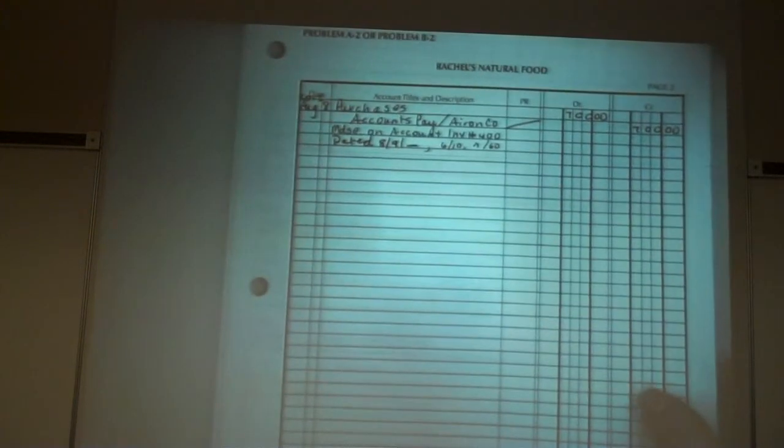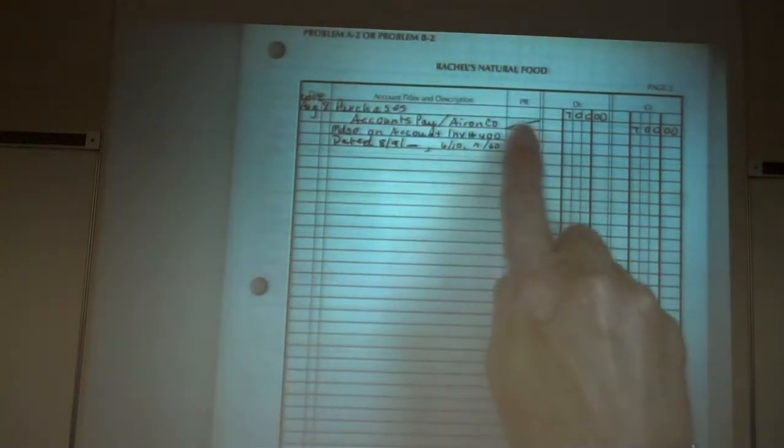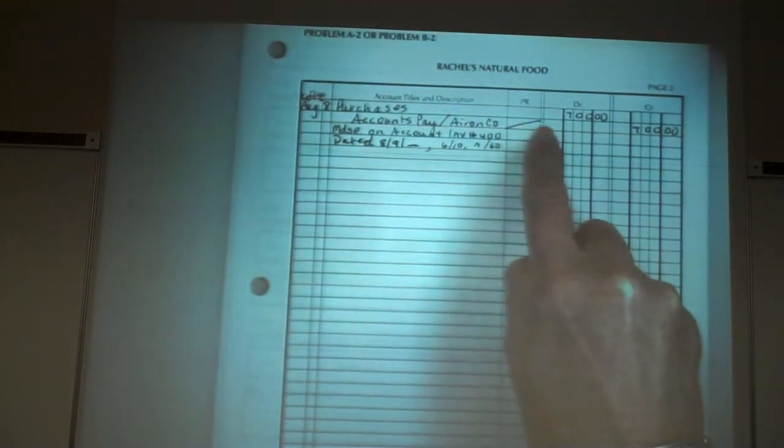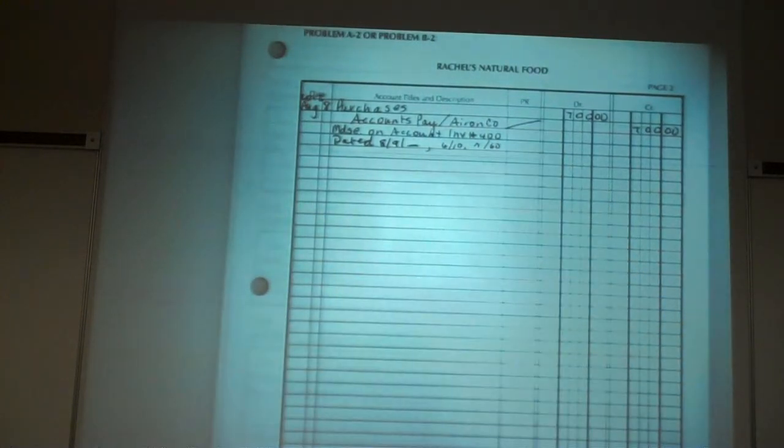When we record our transactions in the journal, remember I've said we're going to be using that diagonal, where here's where we really have to have the diagonal. Because when we post, we're going to post this one to accounts payable and this one to the particular account that's in the subsidiary ledger.